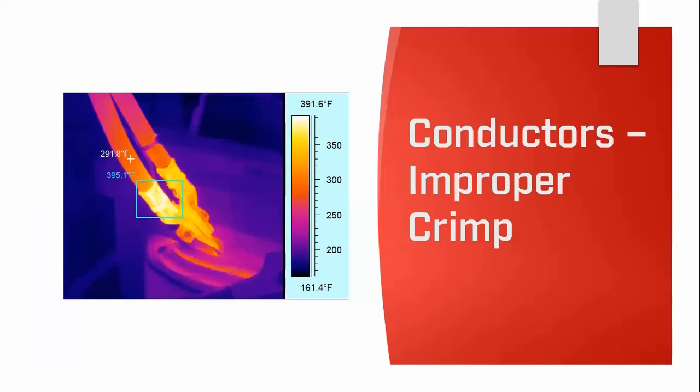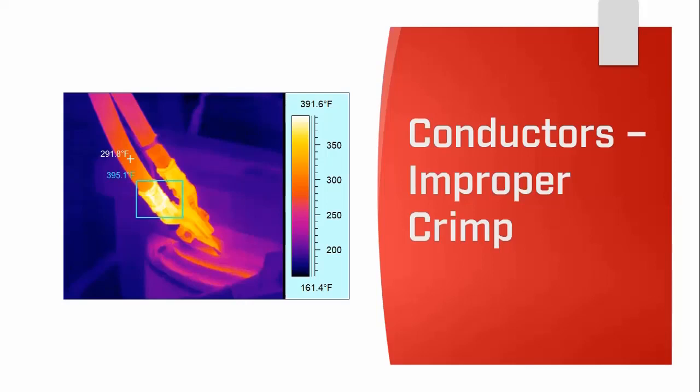Conductors, crimps, the transition points of the conductor to the plate or the bolted pad, are a common point for imaging problems. Here we have a hydraulic crimp on a parallel feed to this equipment. There's a bit of theory needed to understand exactly how parallel feeds work.